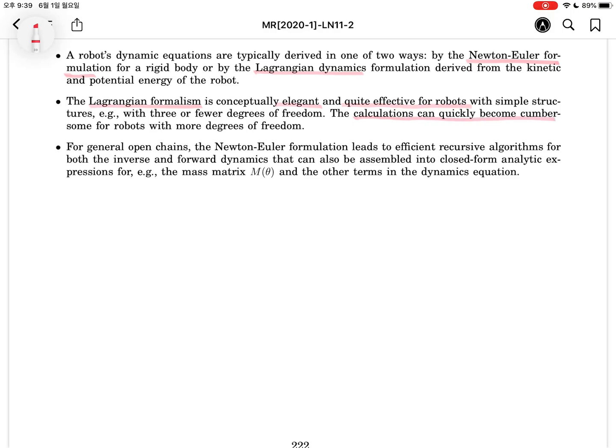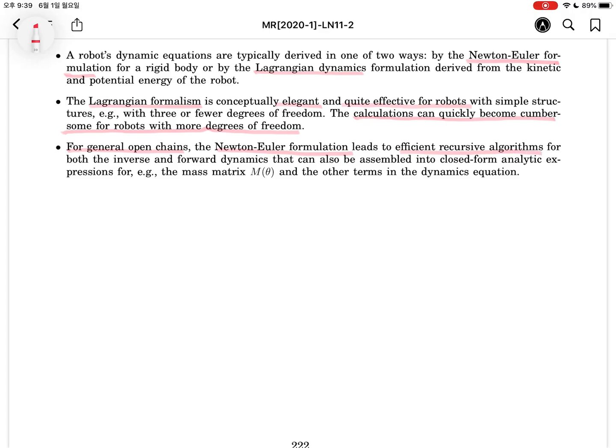The calculations quickly become tedious and cumbersome for robots with higher degrees of freedom. So if we have a robot system with 3 or fewer degrees of freedom, then the Lagrangian method is very effective.